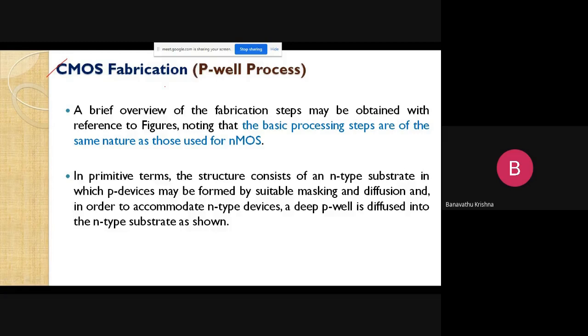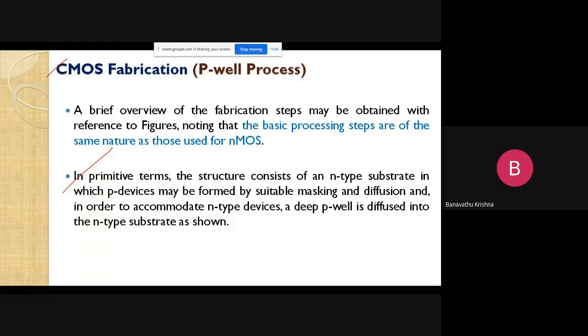So here, let us see. In primitive terms, the structure consists of an N-type substrate in which P-type devices are formed. As you know, if the substrate is P-type, it is used to develop the NMOS device.